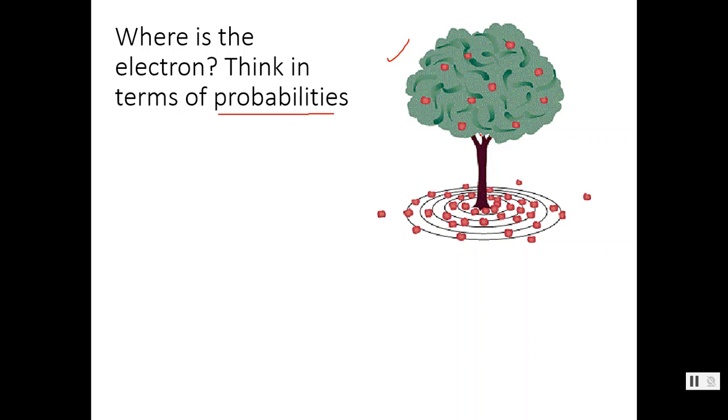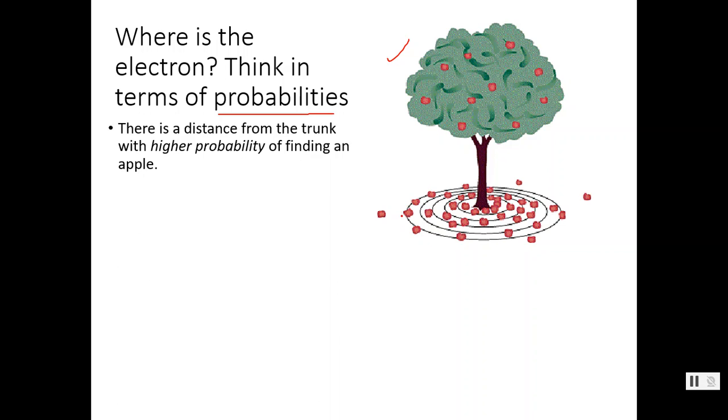But by looking at this tree, you could see that it's more likely that I am going to find an apple closer to the trunk than farther away from the trunk. As I get further away from the trunk, the likelihood or the probability of finding an apple is going to decrease.